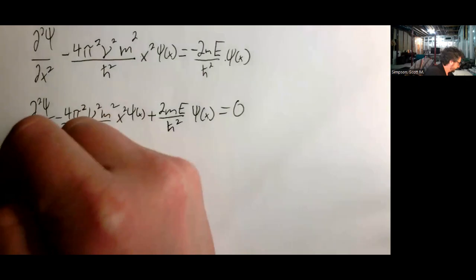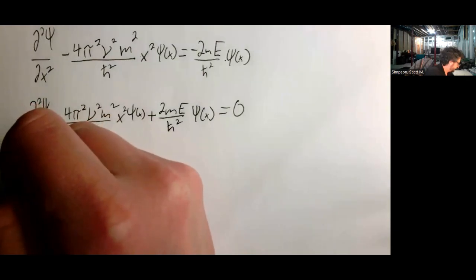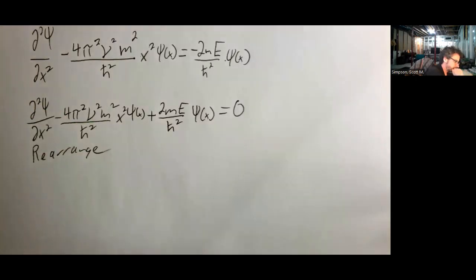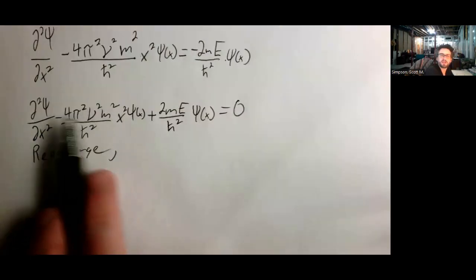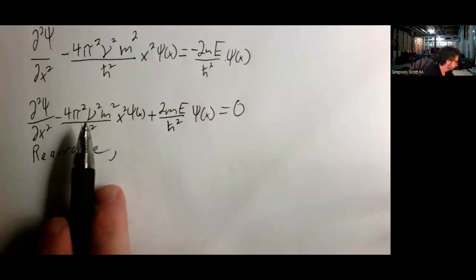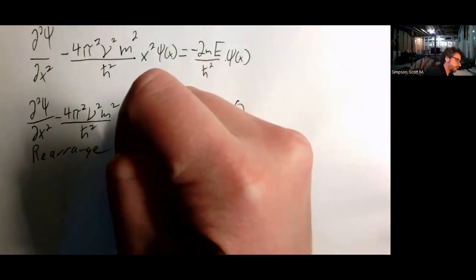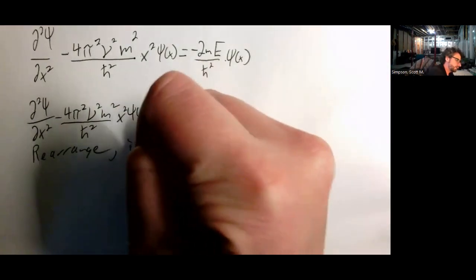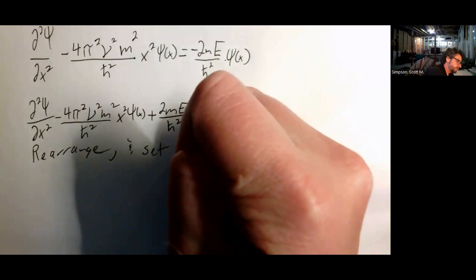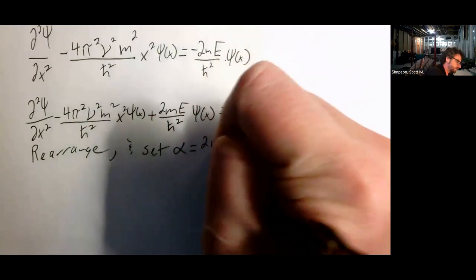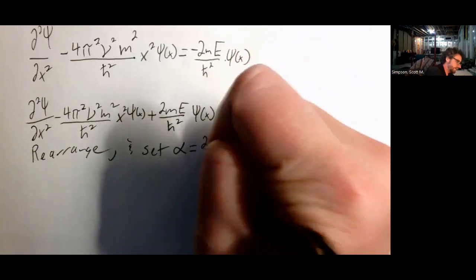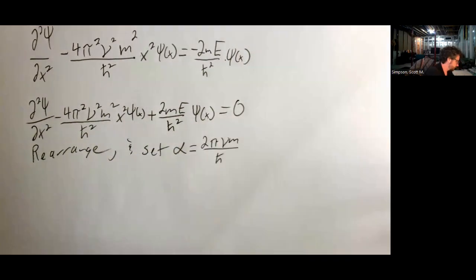what you can get this to work out to be, we can pull some terms out, rearrange, and then we're also going to define, this stuff is just a collection of constants. It's annoying to deal with. So how about we set a new term alpha equal to 2 pi v m over h bar.